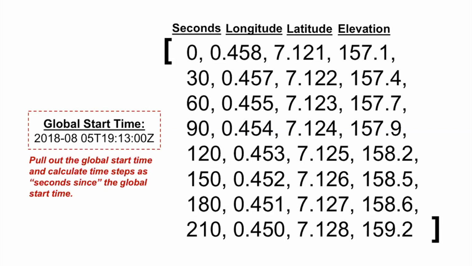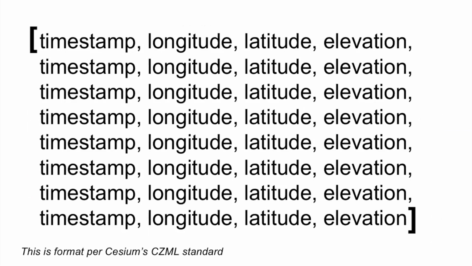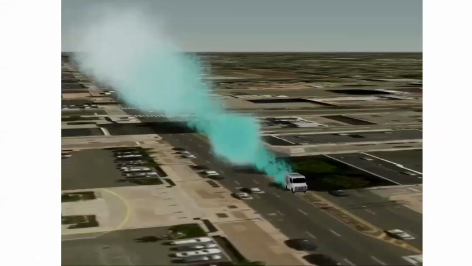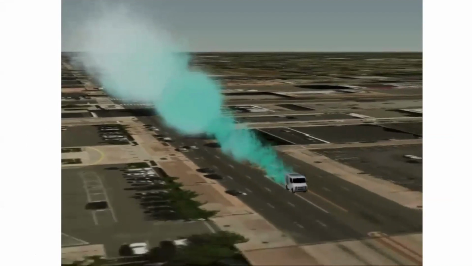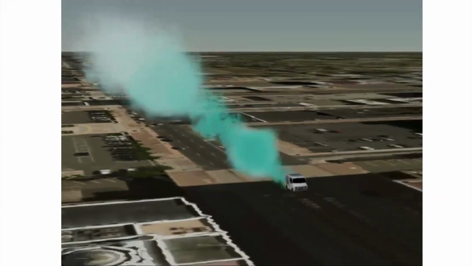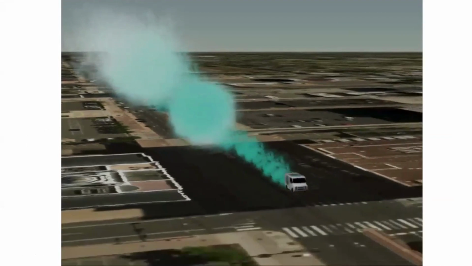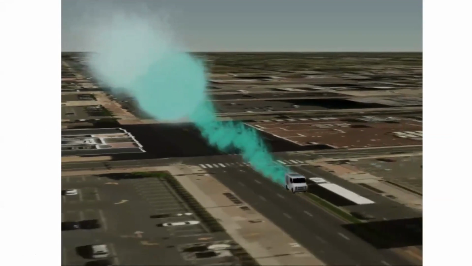But I would recommend looking into CZML if you're working with large GPS data, as it's a much more efficient way of storing this. And the nice thing is that if you do get your data into a list like this, you don't need to be a JavaScript developer to make something like this. You just upload it into Cesium's JavaScript tool, and it will put it on a map and create a time slider for you and all of this nice stuff.